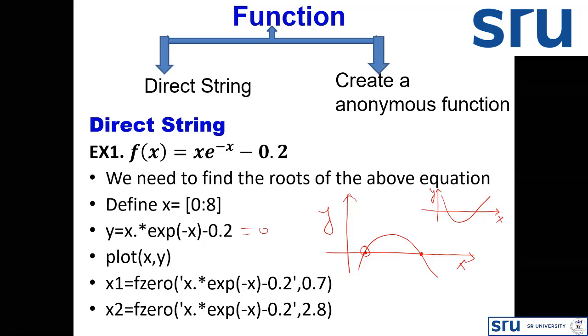Suppose once again I am repeating. Suppose you have a function like y is equal to x square minus 5x plus 6. Okay, suppose this function is given. So you have to find out the roots of the equation.